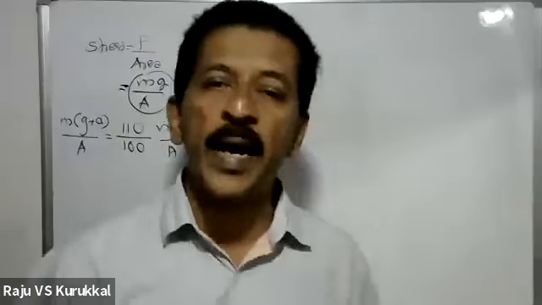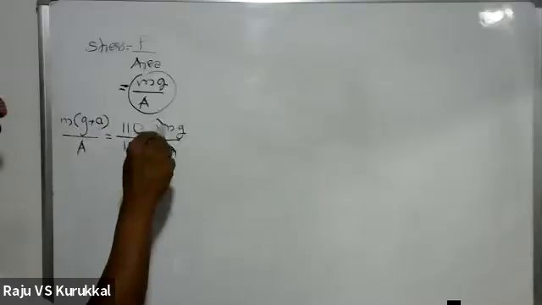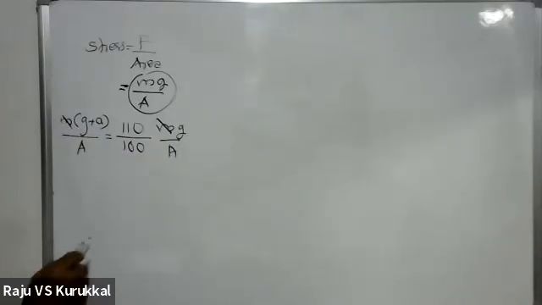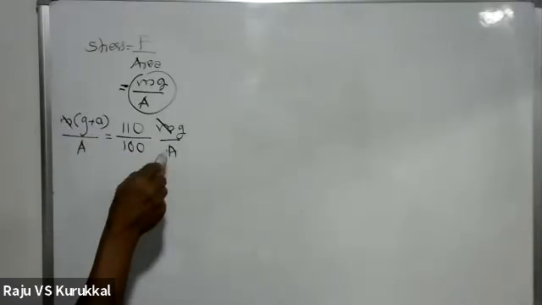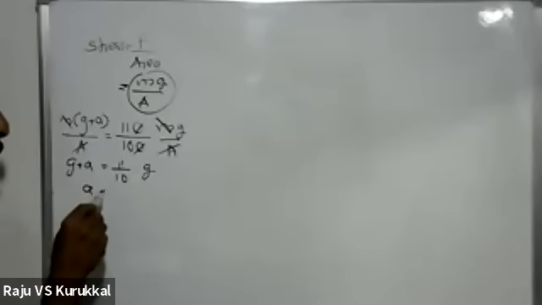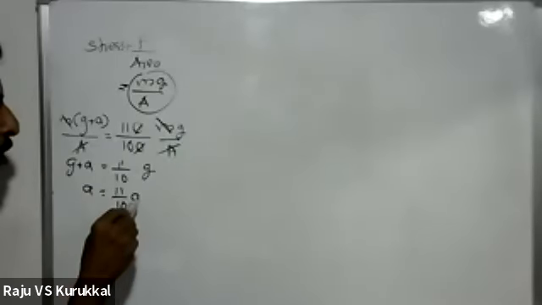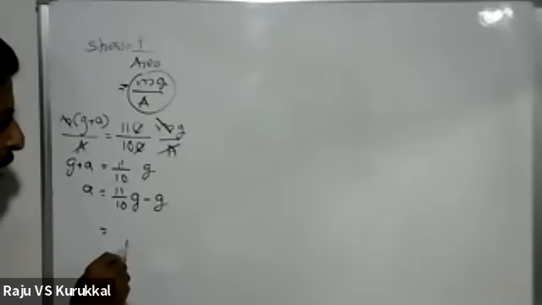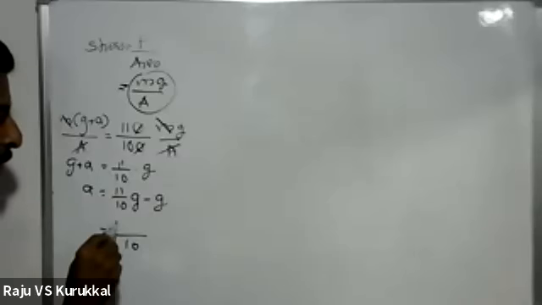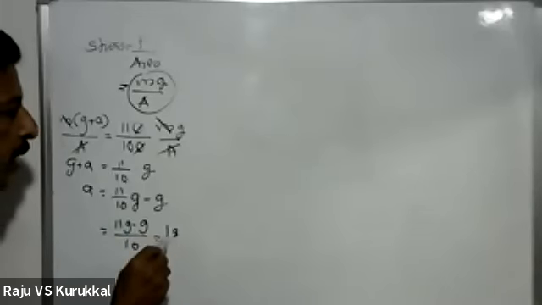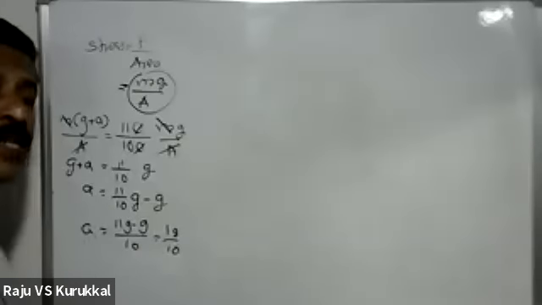Cancel M, M and M get cancelled. G plus A equals 11 by 10 into G. Therefore, A is equal to 11 by 10 into G minus G. That is 1G divided by 10.